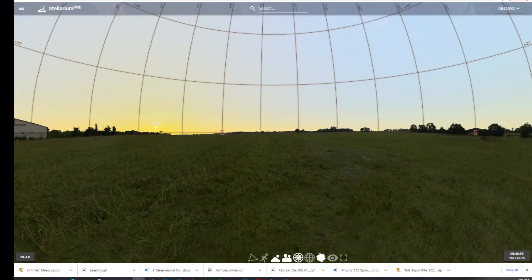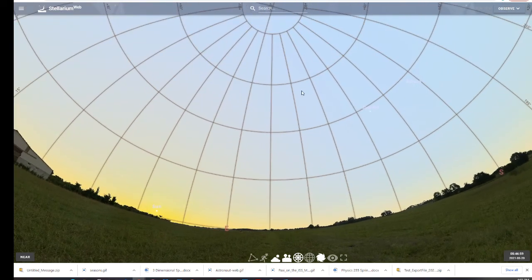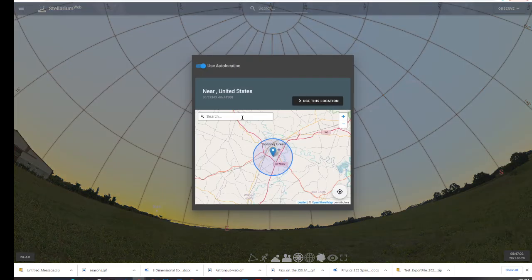Now, for the second part of this exercise, you are going to basically do the same thing, only now we're going to go to a site on the equator. So I think I chose Quito, Ecuador, which lies right along the equator.